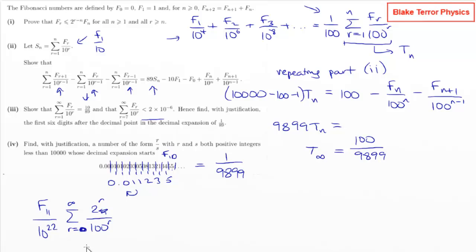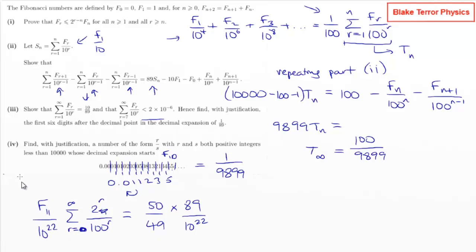So it does make a difference. So what am I getting for that then? I'm going up in 50ths. So it's going to be 1 over 1 minus a 50th. So 50 over 49 times F11, which is 89, over 10 to the 22.